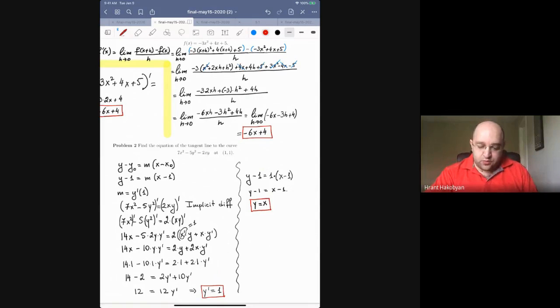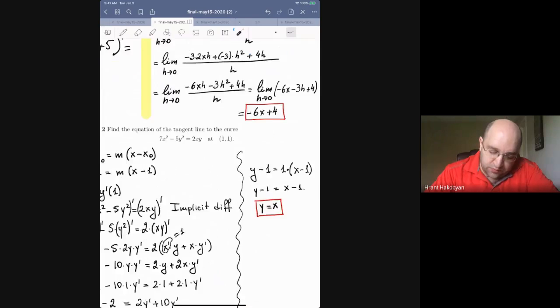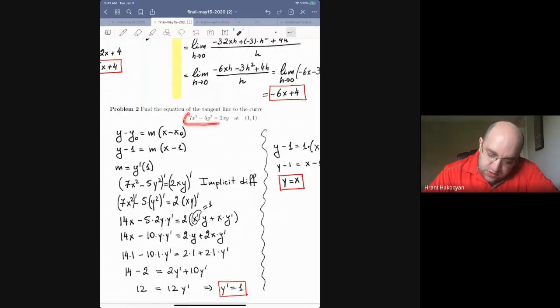So one more time, what we did here: we have this equation, and it's not an explicit formula for y. So what we do is we write down that the equation of the tangent line is always of this form, and because it passes through the point (1, 1), we only have to find the slope.